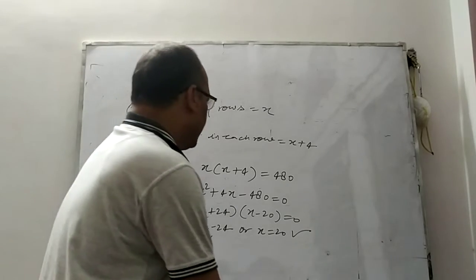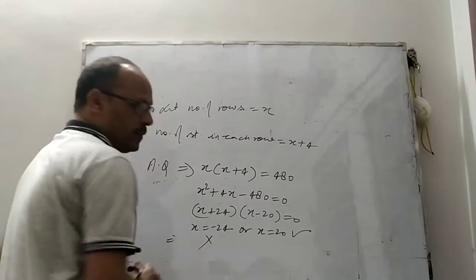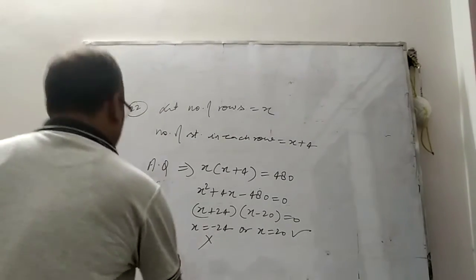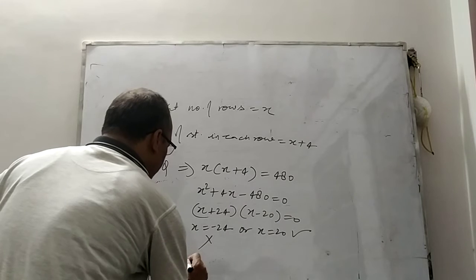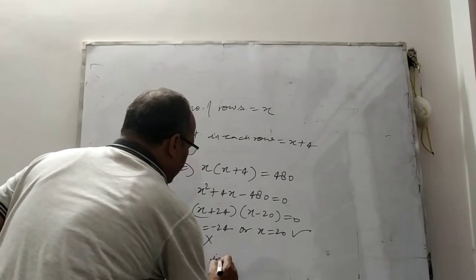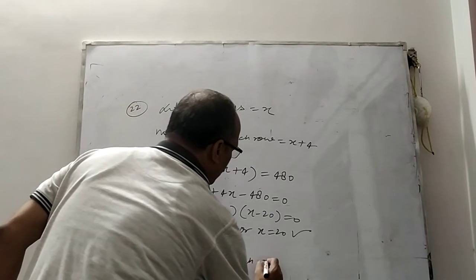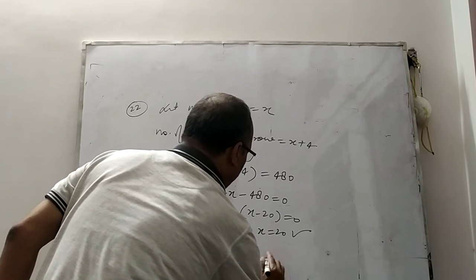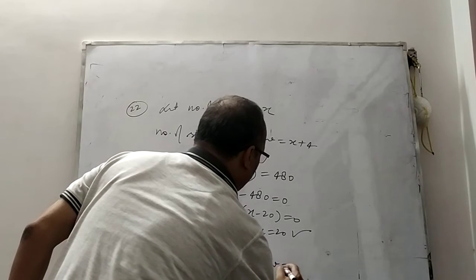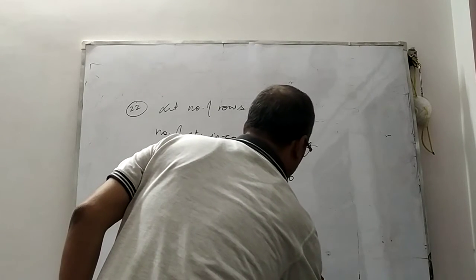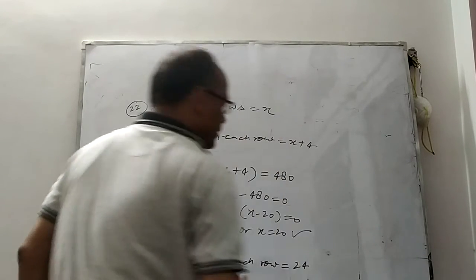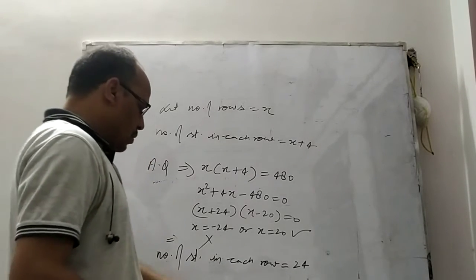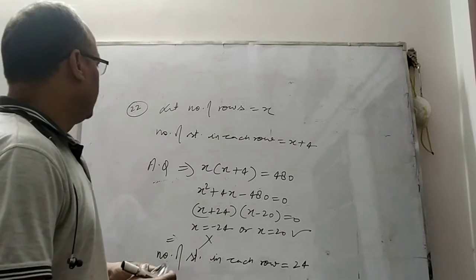The number of students in each row equals x plus 4, so 20 plus 4, 24. Okay? Yes.